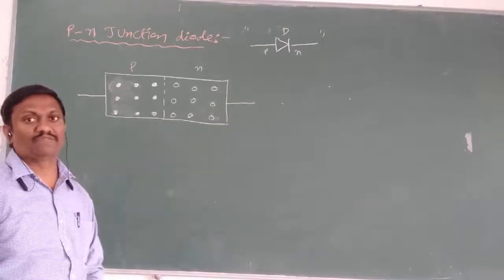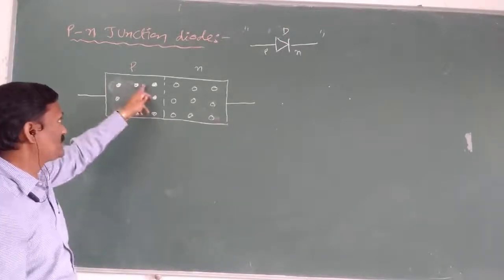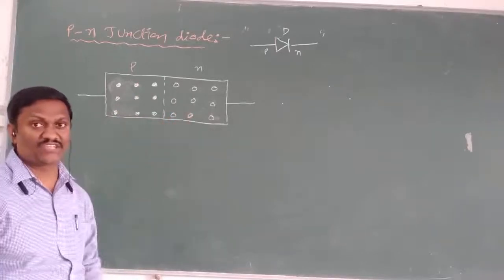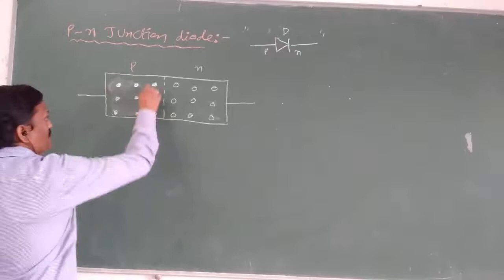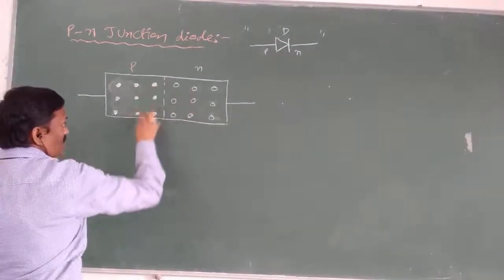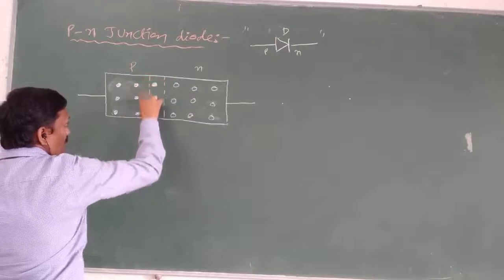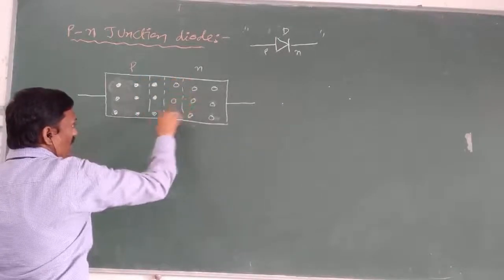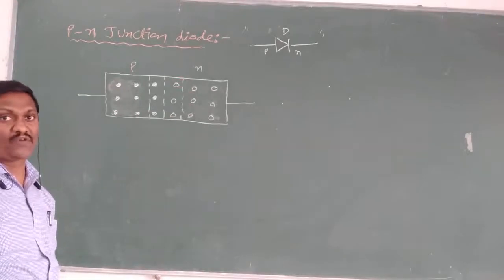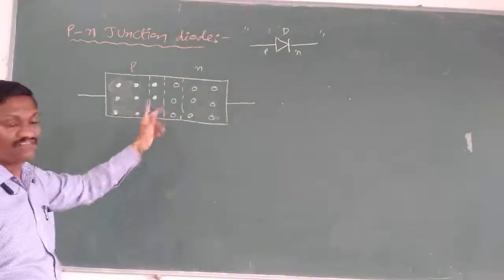During this time, a few electrons in the p region and a few holes in the n region coming across the junction get neutralized, and form one chargeless area, a narrow region on either side of the junction.